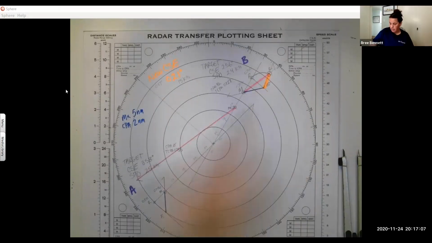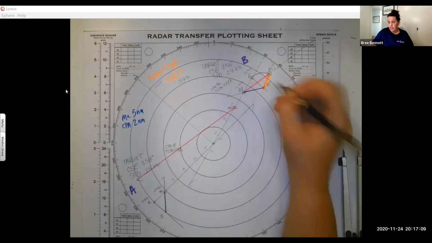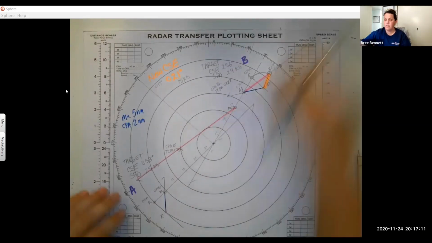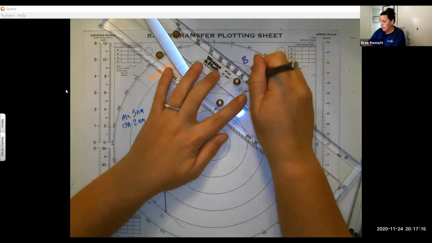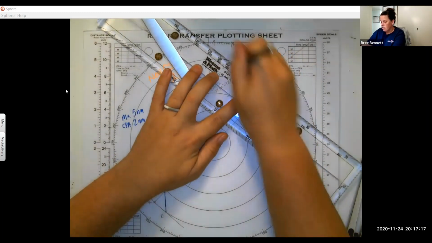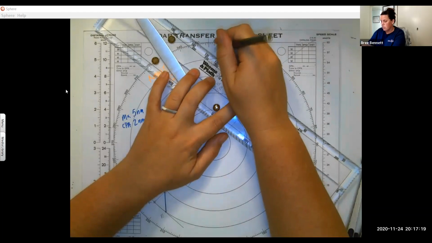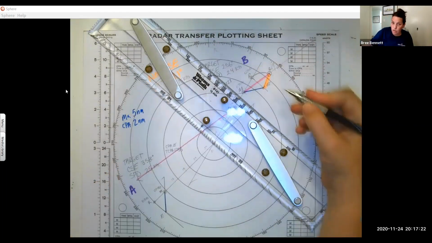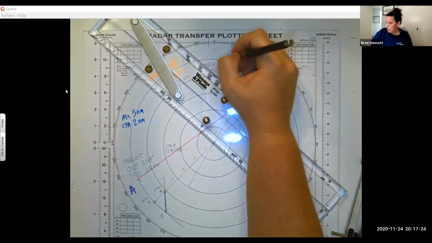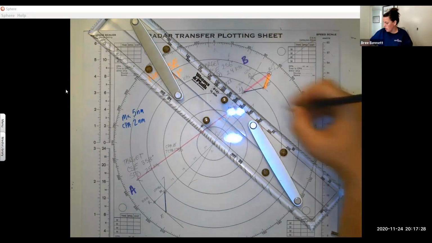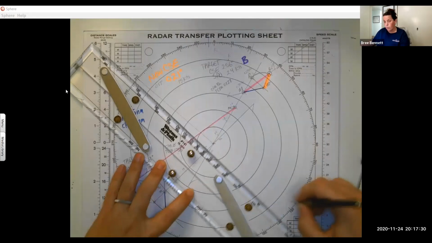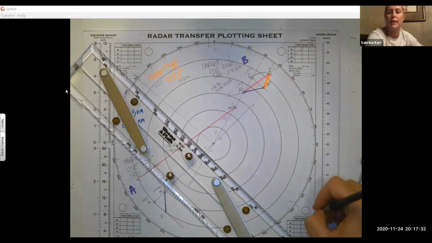So we have E here, right? And our course is 310. So if you draw it over here, you want to go E to R. If you put it here, your E to R is going 130. I see.